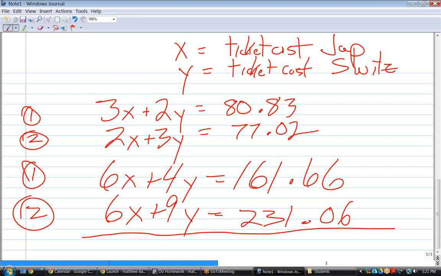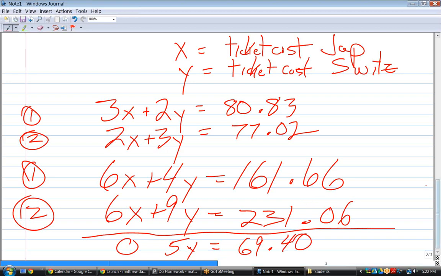It's just that when I do 2 from 1, I end up with negative coefficients. So if I do 2 minus 1, the x's go away. I get 5y there, and I get 69.40 there.